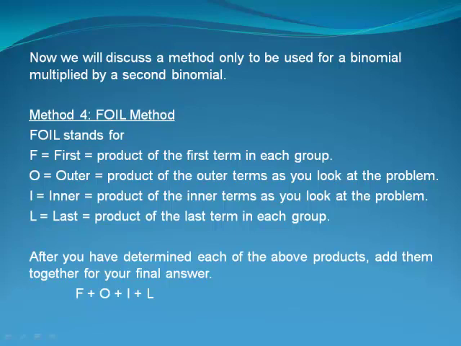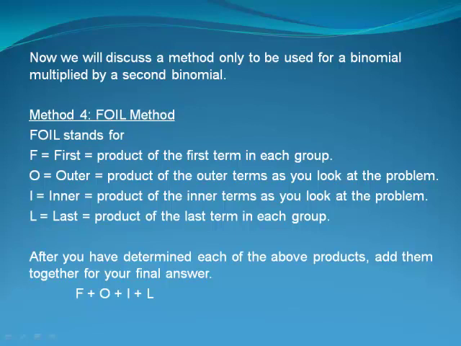works like this. FOIL stands for first, outer, inner, last, with addition between each of those steps. Now, first, outer, inner, last are each multiplication steps. F, or first, is the product of the first term in each group.